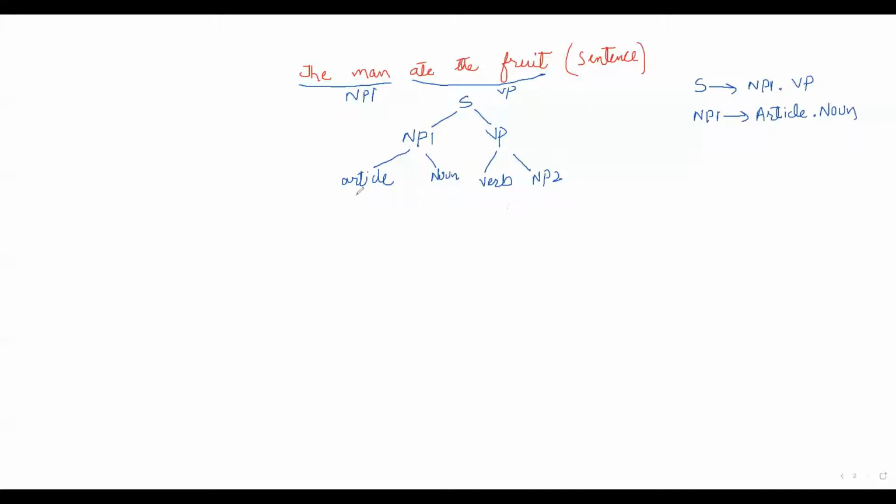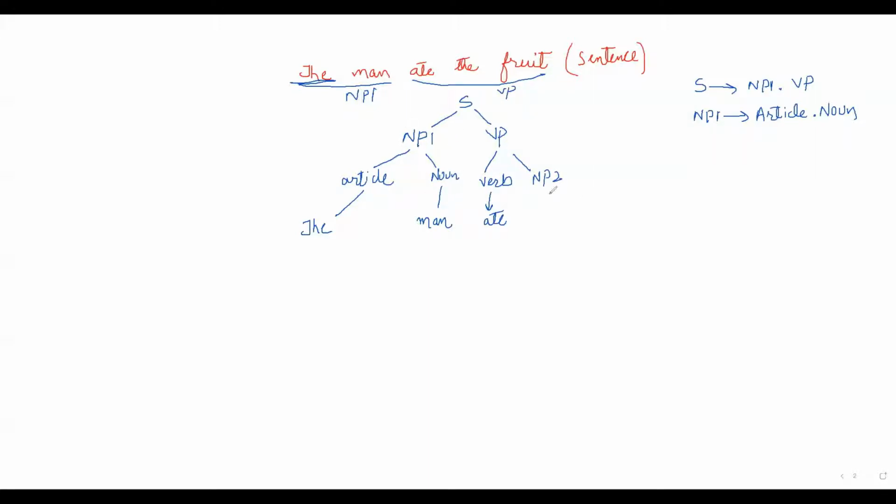Fine. This article can be anything. For example, the, and anything can be article. The article is that you have already discussed in your English language. So for example, here the article that is used is the. The noun that is used is man. Verb that is used is ate. So now we know any noun phrase can be divided into two.